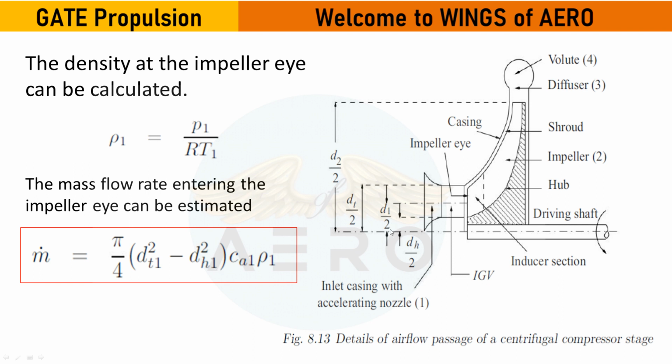You can see from this schematic figure that T1 is the tip, where it is exiting, and d_H1 is the hub, where it is entering. Sometimes they also mention the eye inlet or eye exit, or they can use hub and tip. Either way they can ask. This is the general formula for finding the mass flow rate.